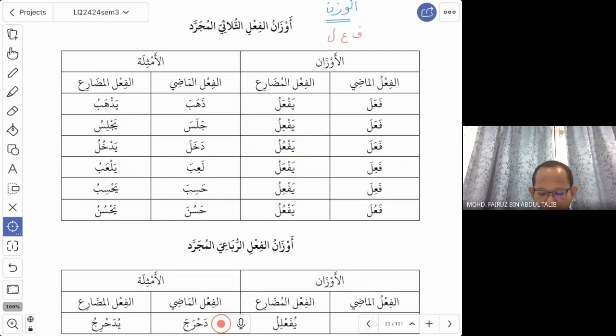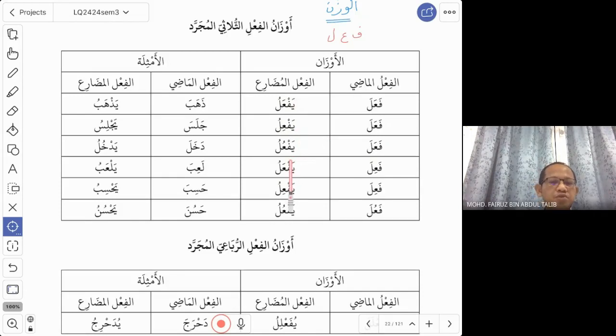And in fact, if you look at number 3, fa'ala, it is the same wazan, but the mudari is now yaf'ulu. You see the difference? Yaf'alu, the ain has a fathah; yaf'ilu, the ain has a kasrah; now the third one, the ain has a dhamma. But for the fi'il madhi, it is still the same wazan. So when a fi'il is of the wazan fa'ala, the mudari is either yaf'alu, yaf'ilu, or yaf'ulu.